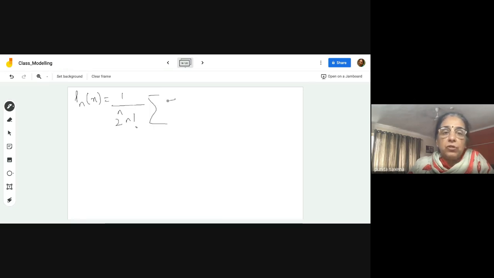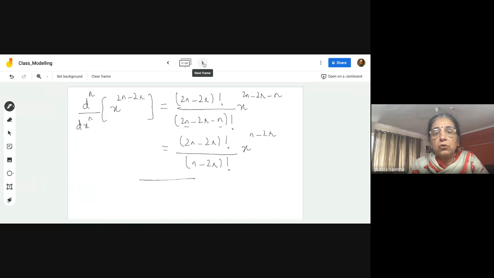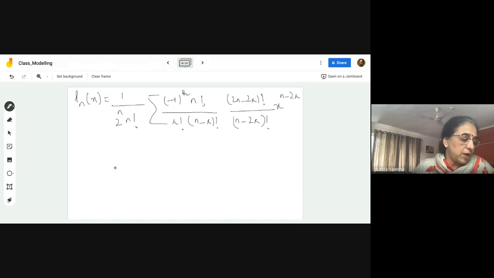What was the previous term? Minus 1 to the power r into n factorial upon r factorial into n minus r factorial. This was there. Now, instead of the nth derivative, I'll have terms like 2n minus 2r factorial upon n minus 2r factorial into x to the power n minus 2r.